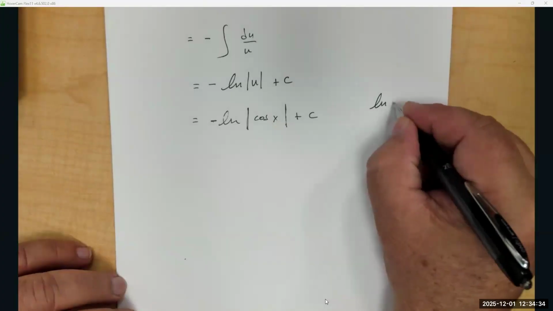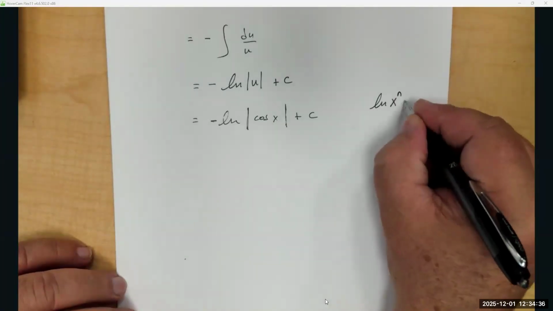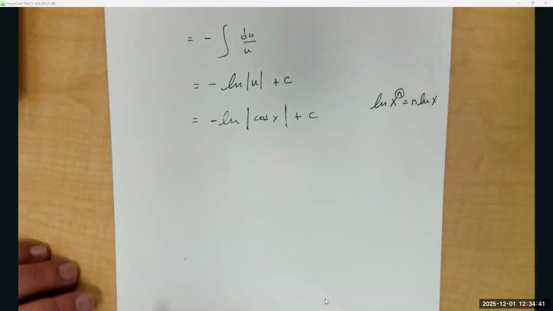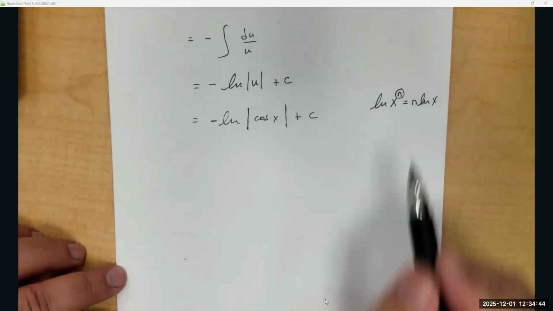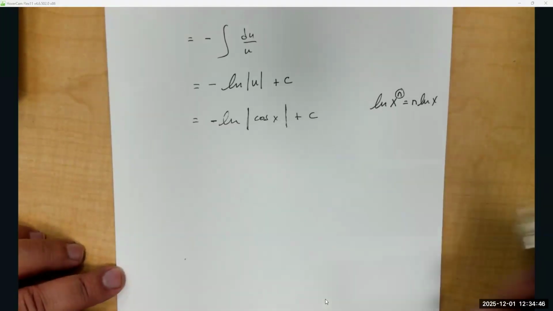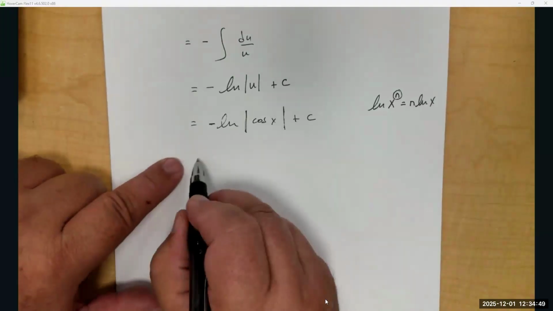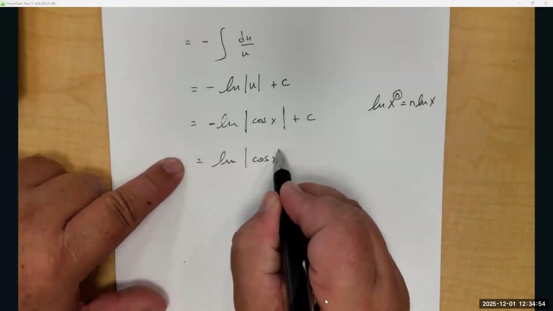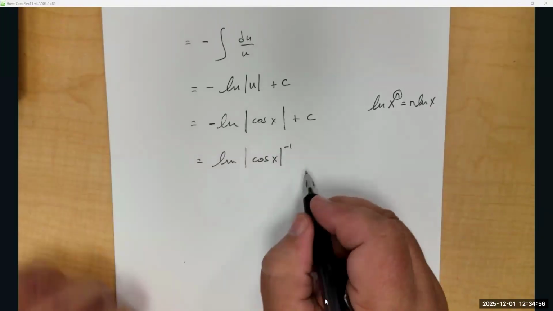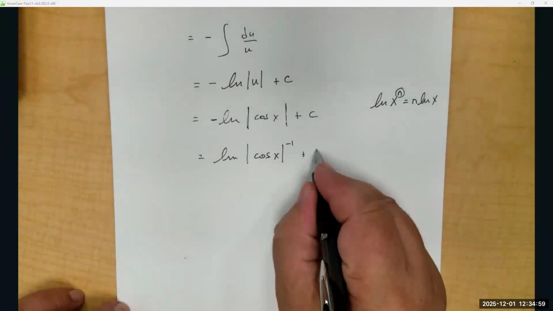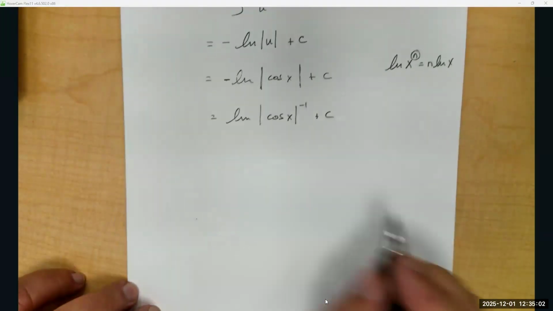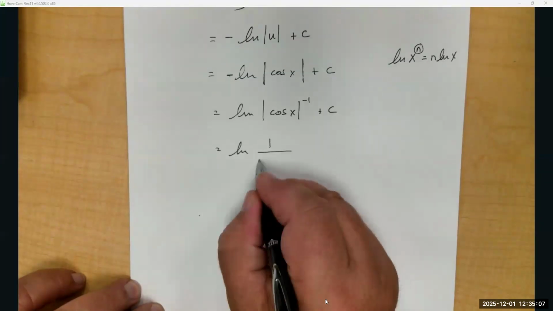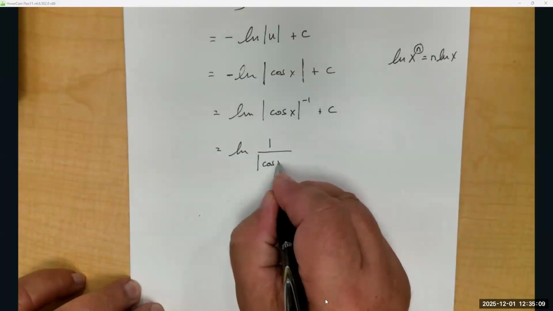The property of logarithmic functions is you cannot have exponents; when you have an exponent, that comes out in front. So working backwards, if we have something out in front, that tells us we have ln of 1 over the absolute value of cosine x.